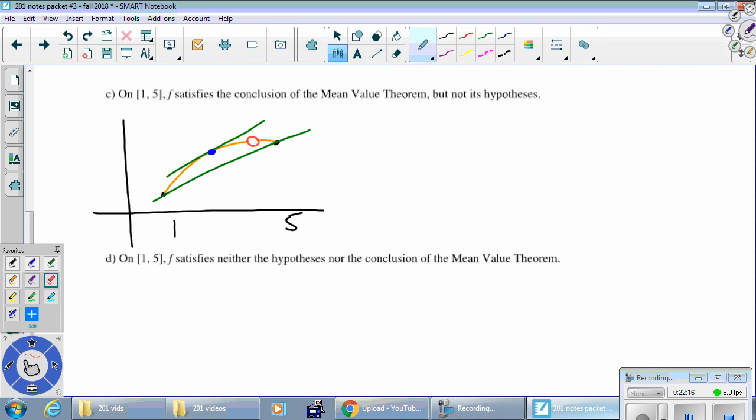So technically, this function does not satisfy the hypotheses of the mean value theorem because this function is not differentiable everywhere between 1 and 5. Turns out it is differentiable nearby the only spot that matters, which is this magic thing here called C. So we still have the C that works, even though I've gotten around the hypotheses with a technicality.